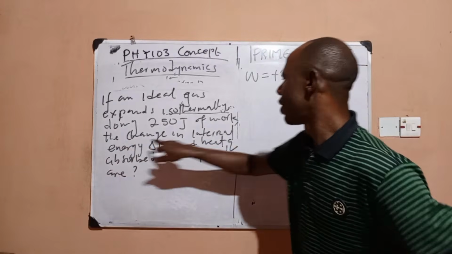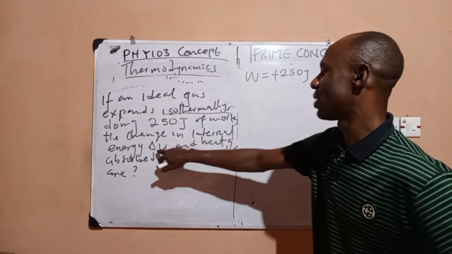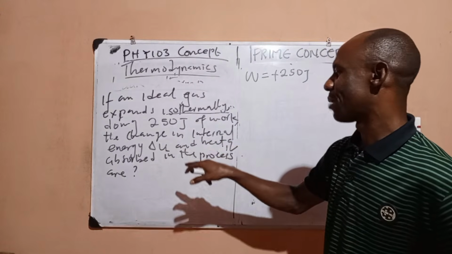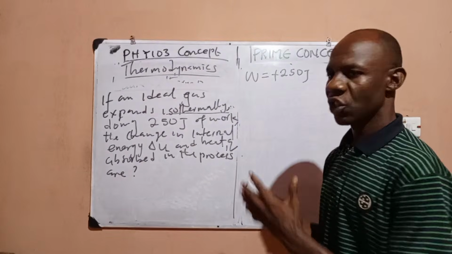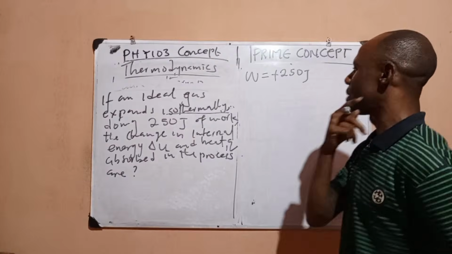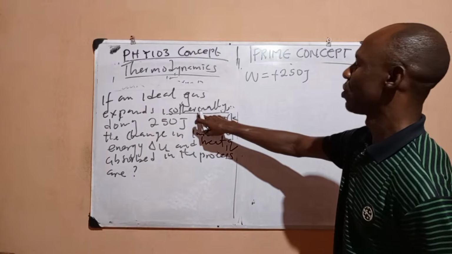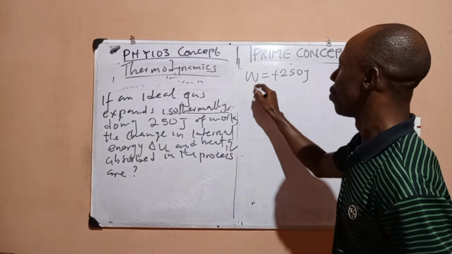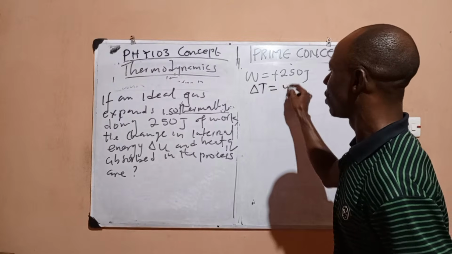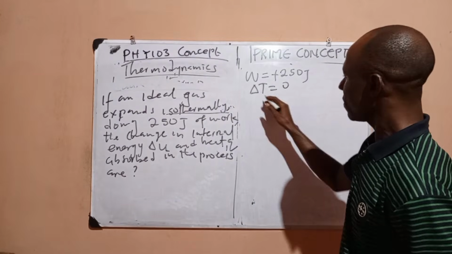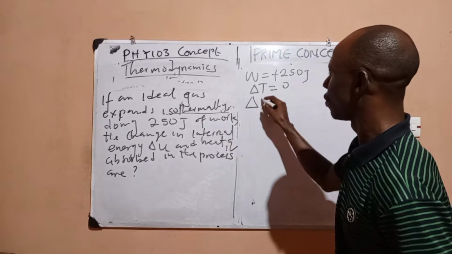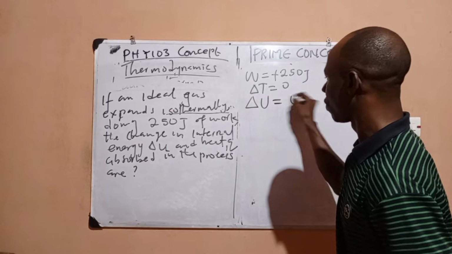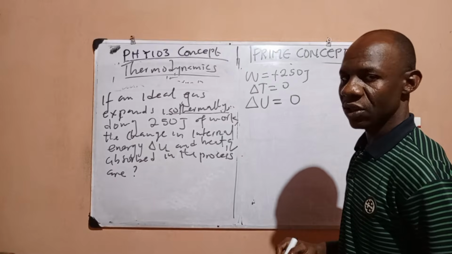And they said the change in internal energy delta U and heat absorbed in the process are. What is the change in internal energy? For an isothermal process, we know that change in temperature is 0. And if change in temperature is 0, it means that change in internal energy is also 0.